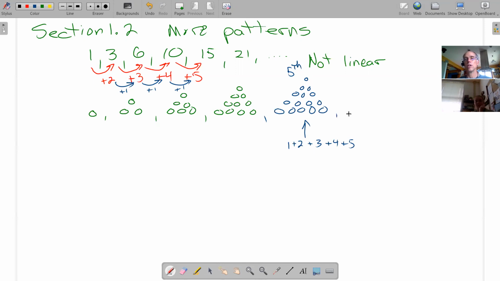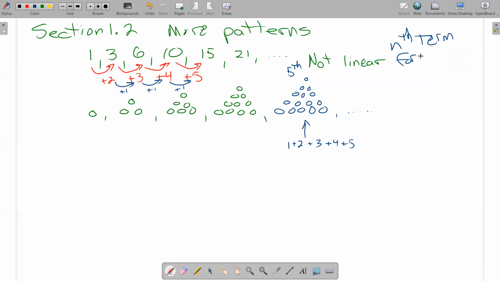And in general, if I want to find a formula for the nth term, I want to add 1 plus 2, and I just want to keep going all the way till I get up to whatever number n is.